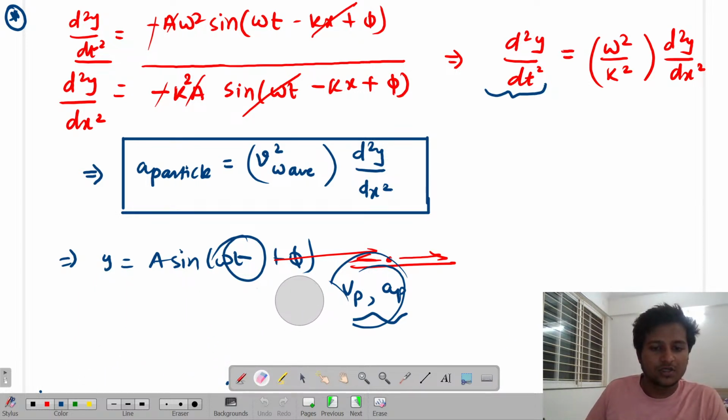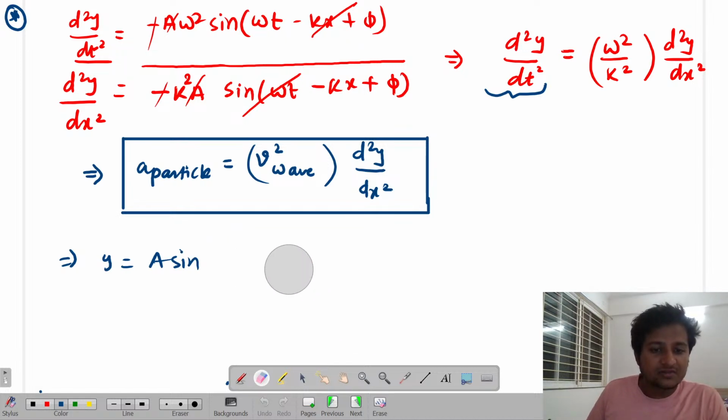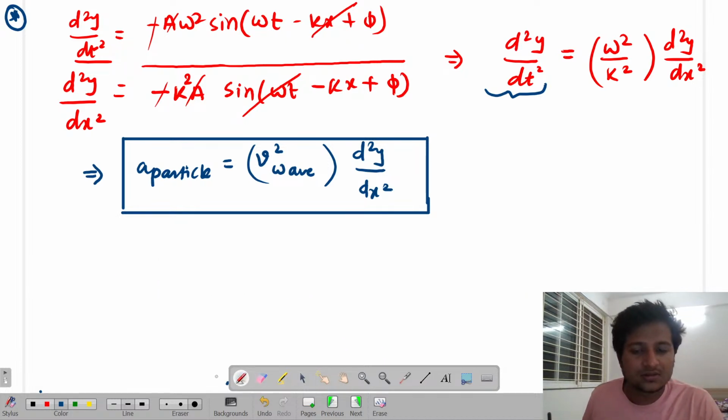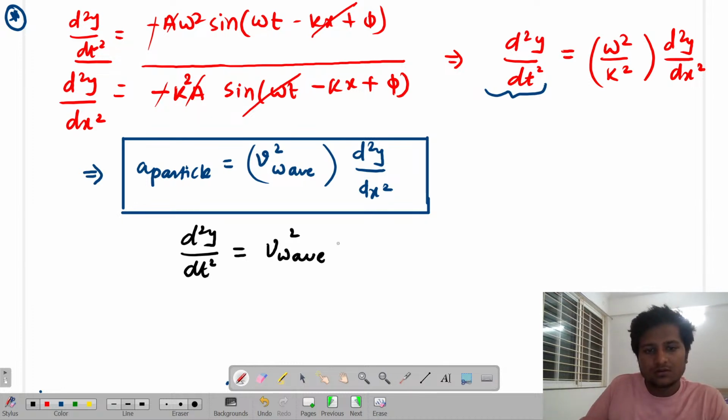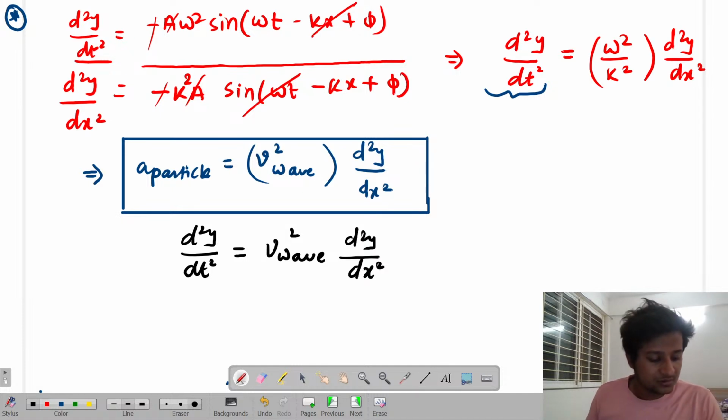Now you understood why this is very very important, and that's why we call this d2y by dt square, it's not a slope, it's the acceleration of the slope beta. dy by dx is the slope, d2y by dx square is the curvature of the graph. Yes.